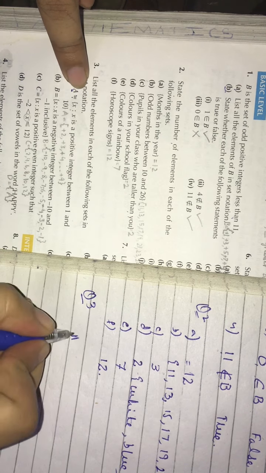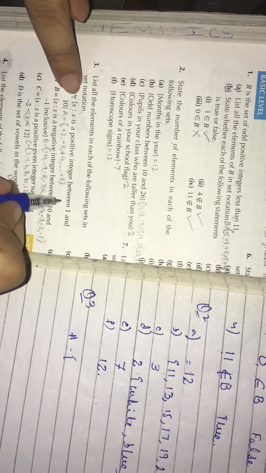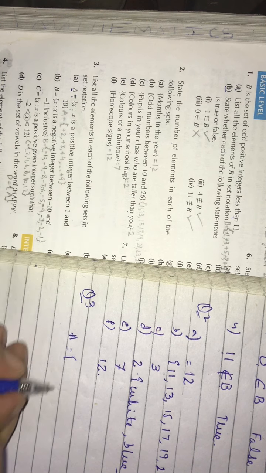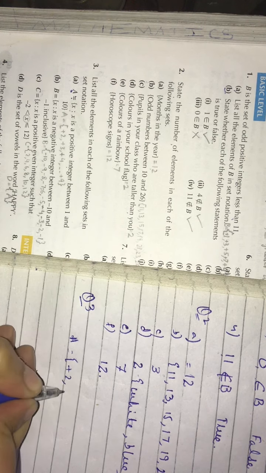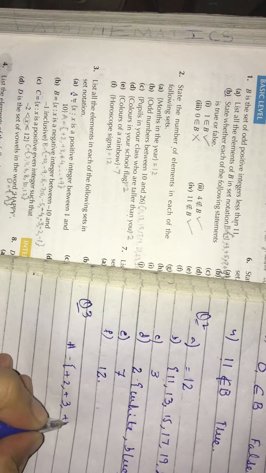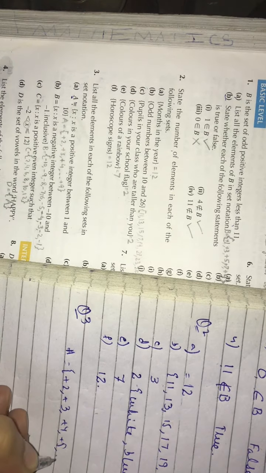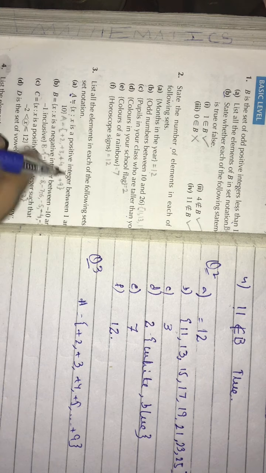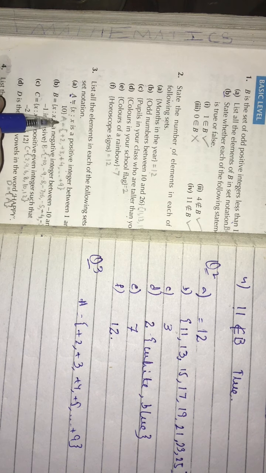Positive integers between 1 and 10, so 1 and 10 are not included. Just like 2, 3, 4, 5 and so on up to 9. Got it? We take positive integers between 1 and 10, so 1 and 10 are not included.